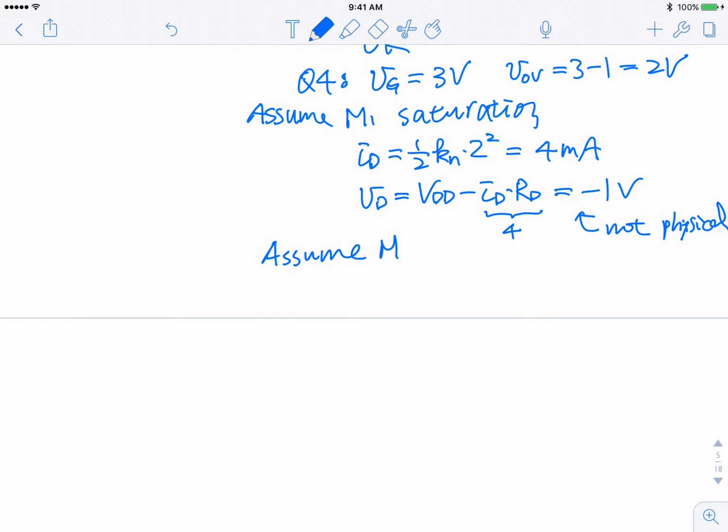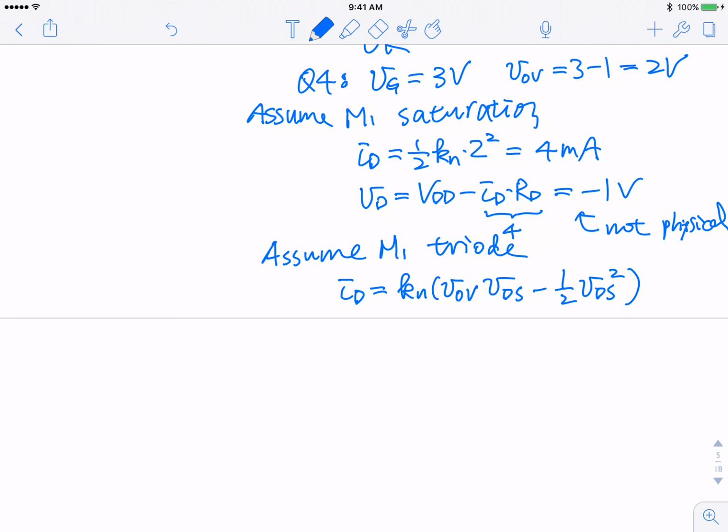Now we assume M1 is in the triode region. Actually, you don't need to assume, it's pretty sure. In the triode region, you can still calculate ID, all right? So ID is now Kn times V overdrive times VDS minus 1/2 VDS squared, okay?